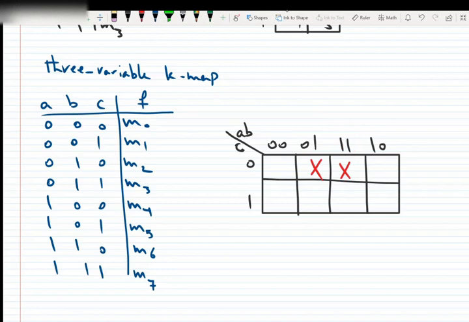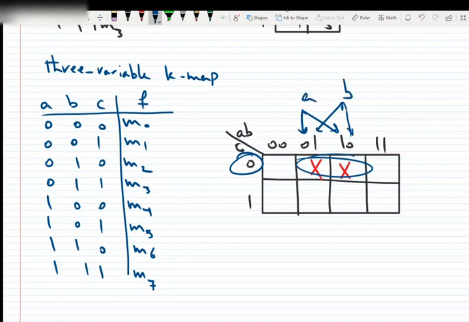If we used 1 and 0 instead of 1 and 1, there is a problem, because for this cell we have 1 C, but if we look, we see that A is different for these 2 adjacent cells, and of course B also is different. So A is 0 for one of them and 1 for the other one. B is 1 for one of them and 0 for the second one. So we are not allowed to write our truth table in this form.